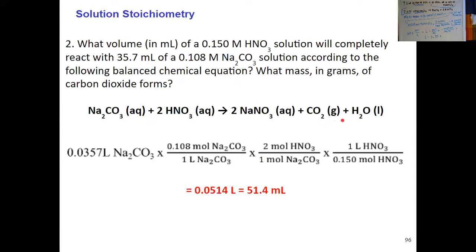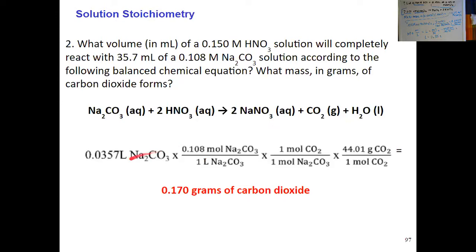Let's take a look at this. So we start here with 0.0357 liters of the sodium carbonate, and then we use the molarity to figure out what the moles of the sodium carbonate would be. So volume times molarity is going to leave us with moles because our liters units will cancel out.